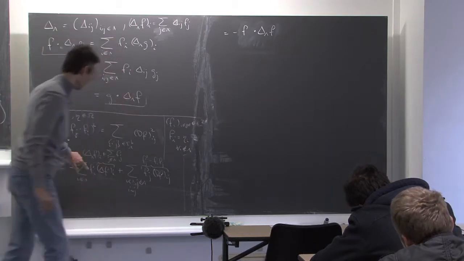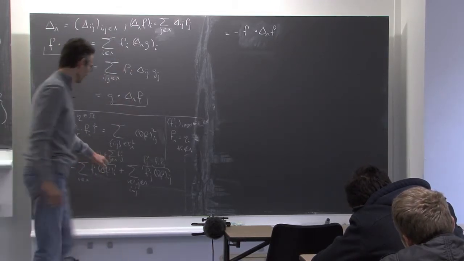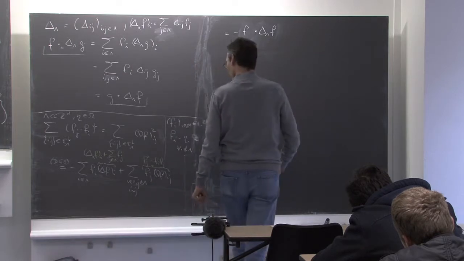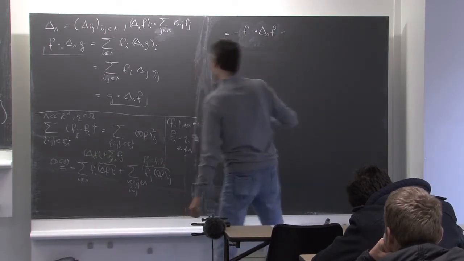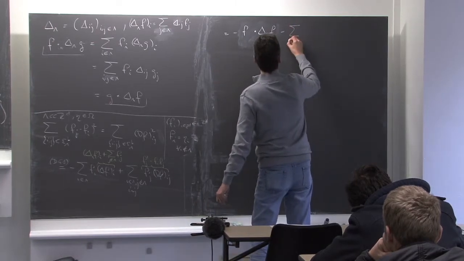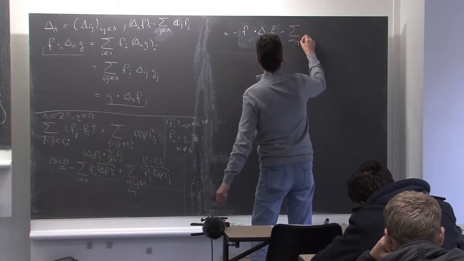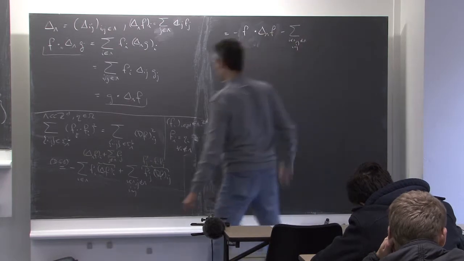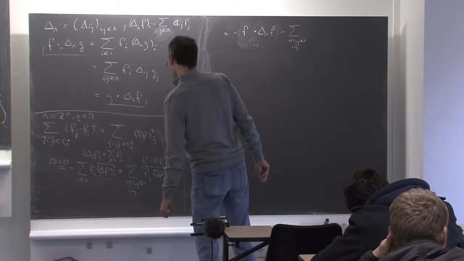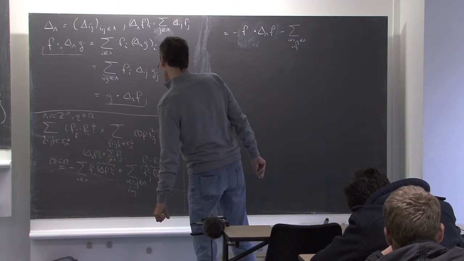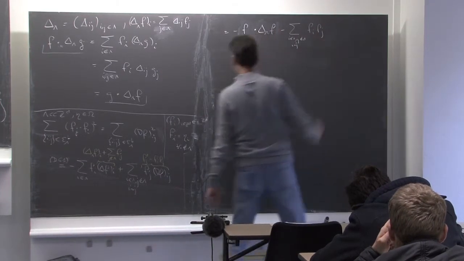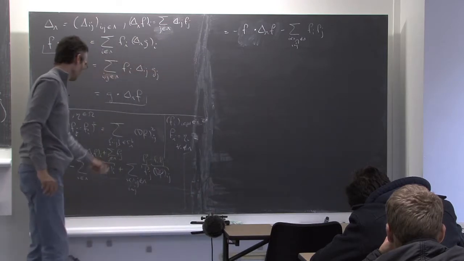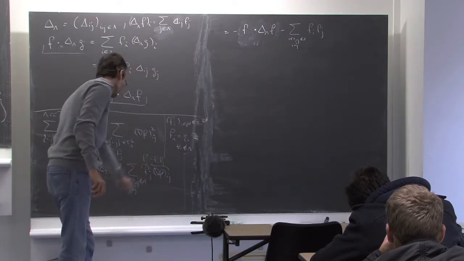It's exactly the same thing as with the first term, and then I get some remainder, which is a bit annoying, but let's see. It will be minus the sum over all i in lambda, j not in lambda, i and j neighbors, then I get f_i f_j from this guy.